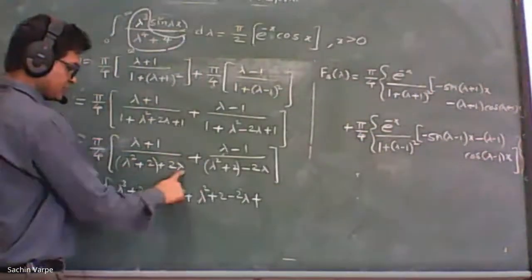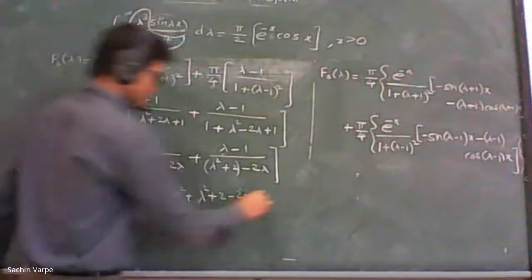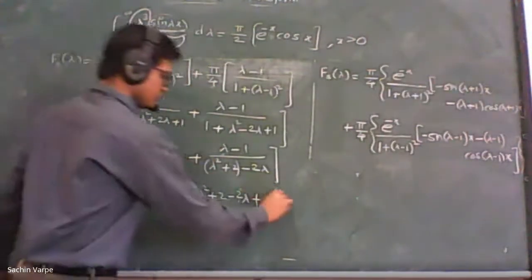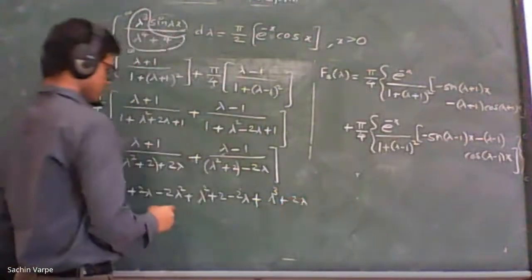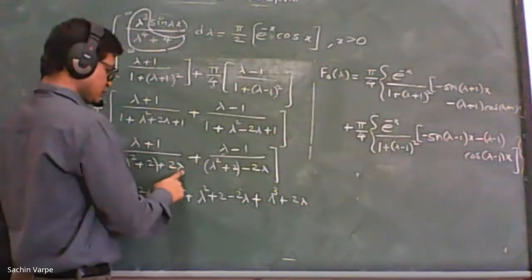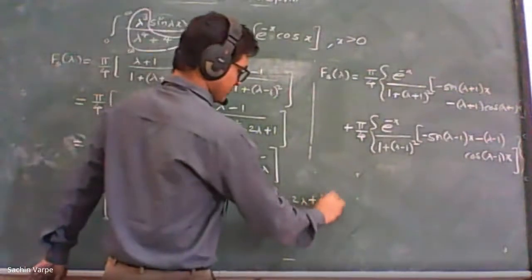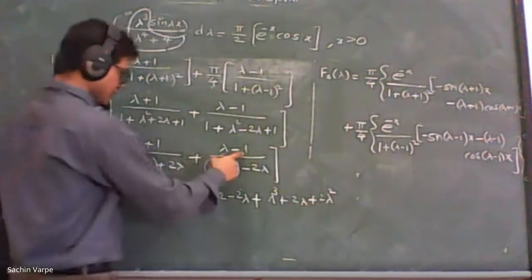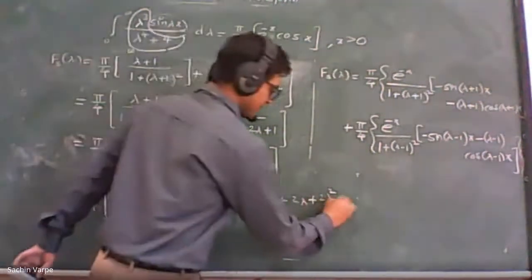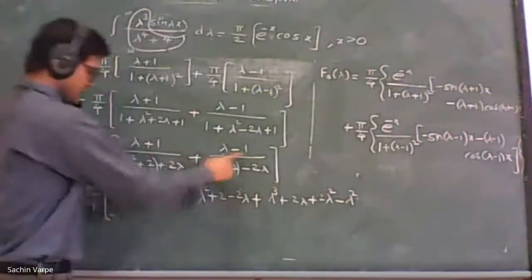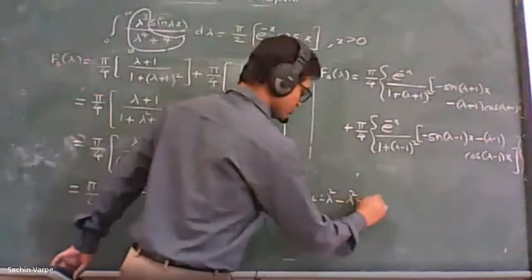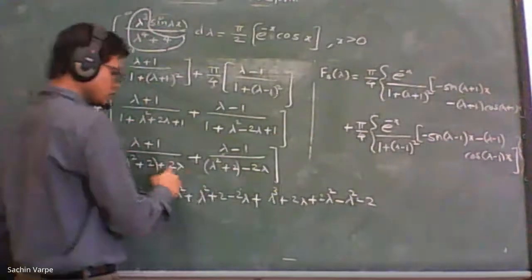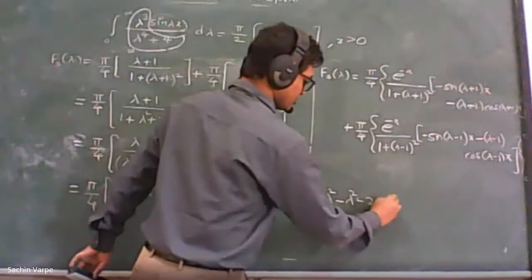Lambda into this whole, that is lambda into lambda, lambda cube. Lambda into plus 2 plus 2 lambda. Lambda into plus 2 lambda, plus 2 lambda square. Minus 1 into the whole: so minus 1 into lambda square, minus lambda square, minus 1 into 2, minus 2, minus 1 into minus 1 into plus 2 lambda, minus 2 lambda.